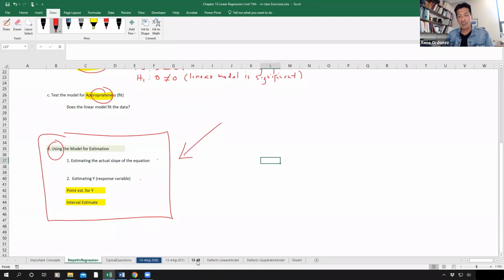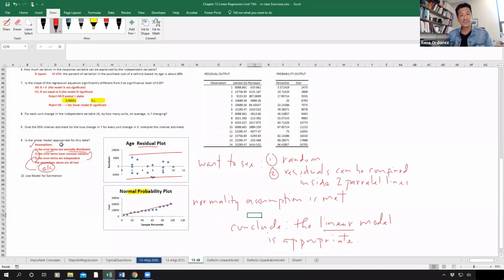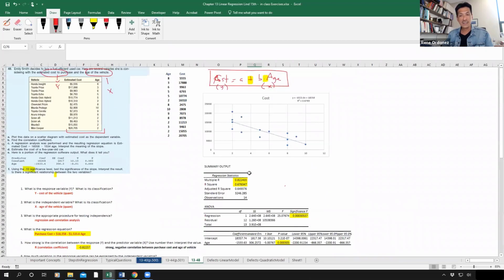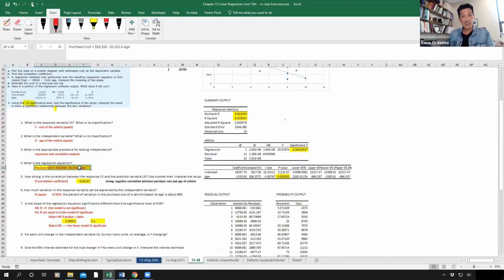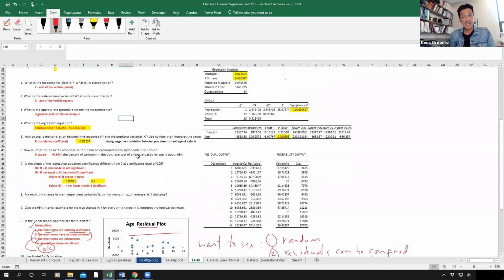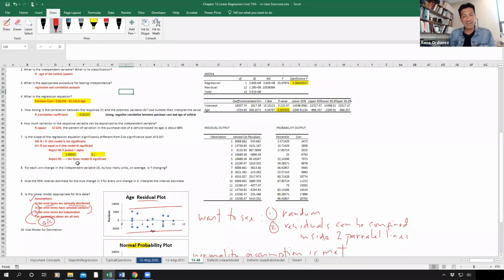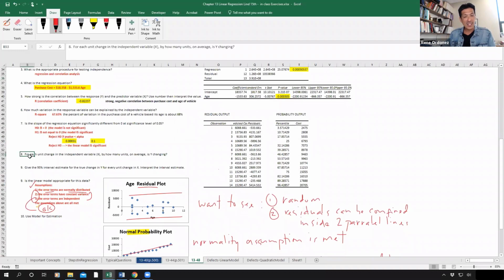So in this problem, this linear model here, we have determined to be both significant and appropriate. Okay? So because of that, we can answer question number 8. Question number 8, let me make this bigger.